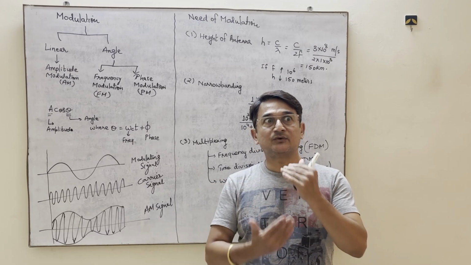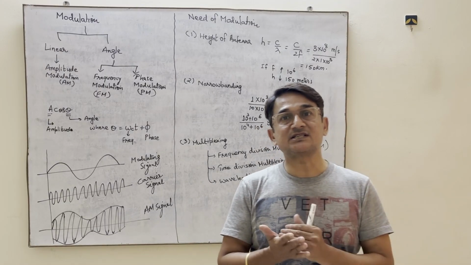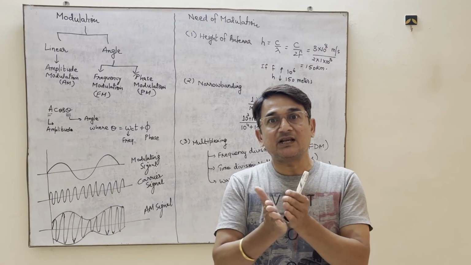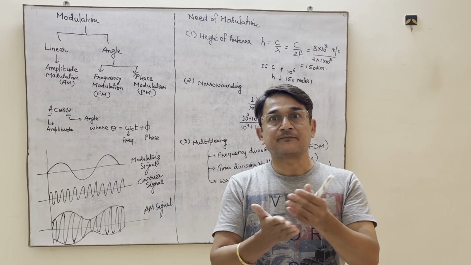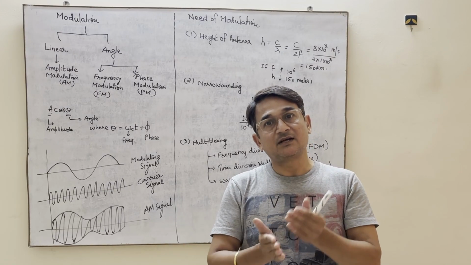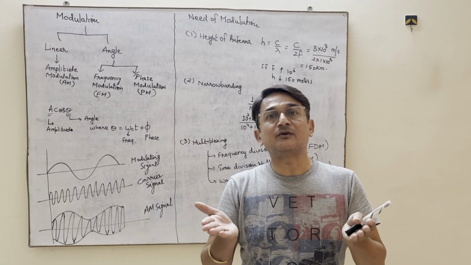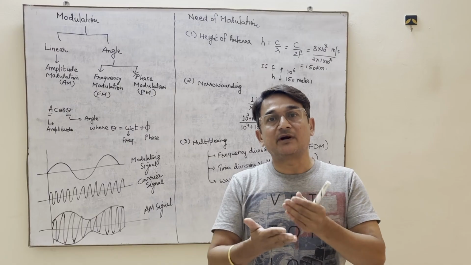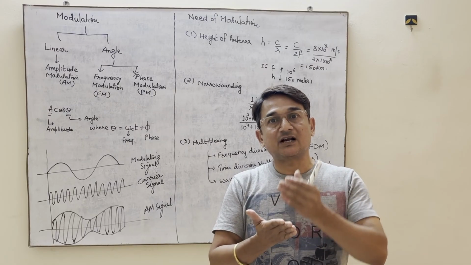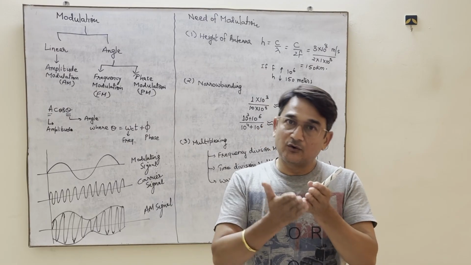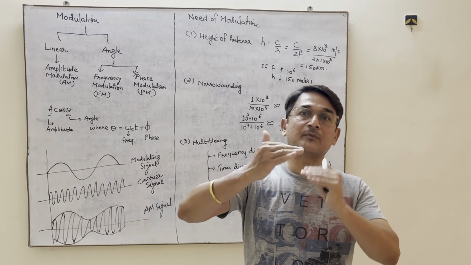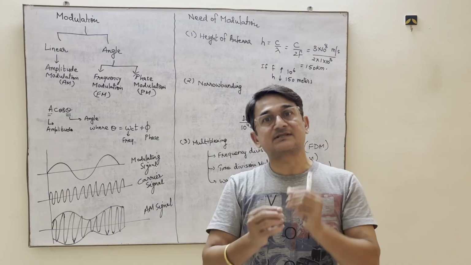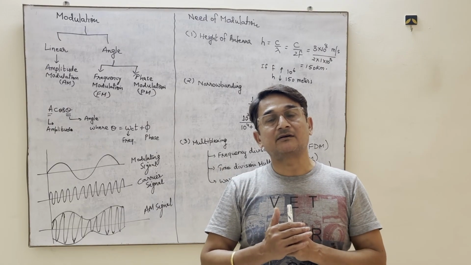I can explain this with a simple example. If you mix wheat flour with gram flour, it is very difficult to extract both, because they are almost of the same size. But if you mix wheat flour with rice, you can easily separate them because of the difference in size and density.